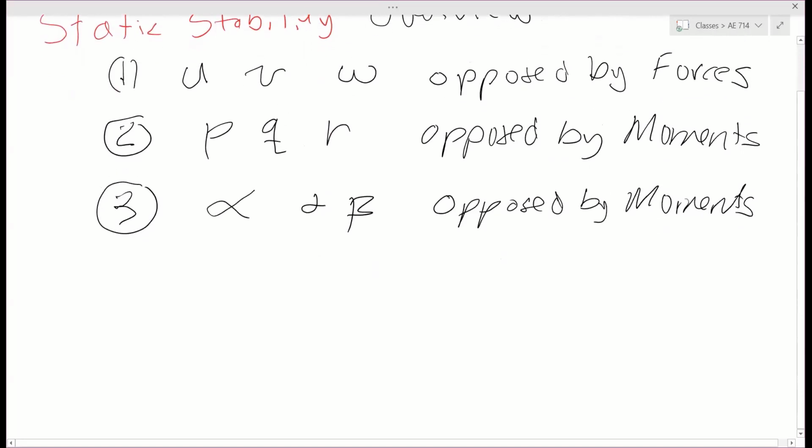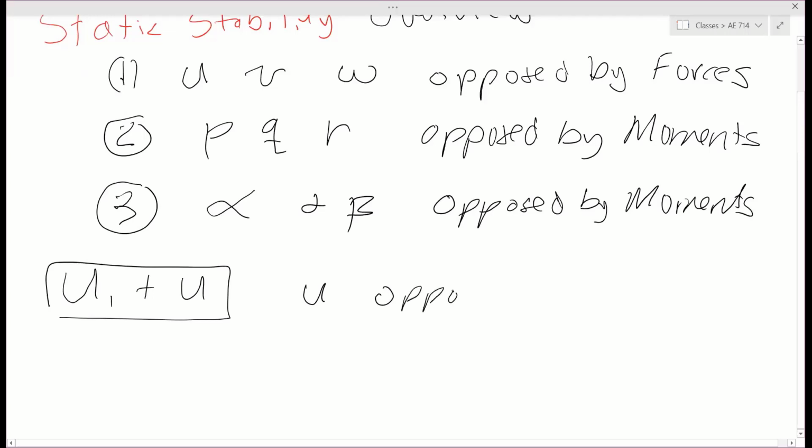So we're going to just walk through each one of these. So we're going to talk about the perturbation on the forward velocity. According to the rules listed above, this is number one, so U is going to be opposed by a force in the same direction, x, and since u is forward, we need to have a backward force.